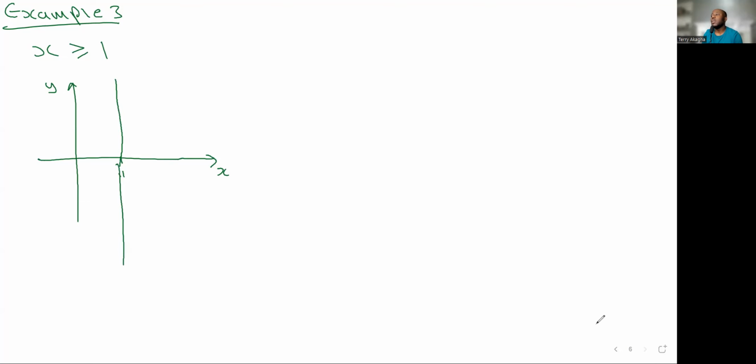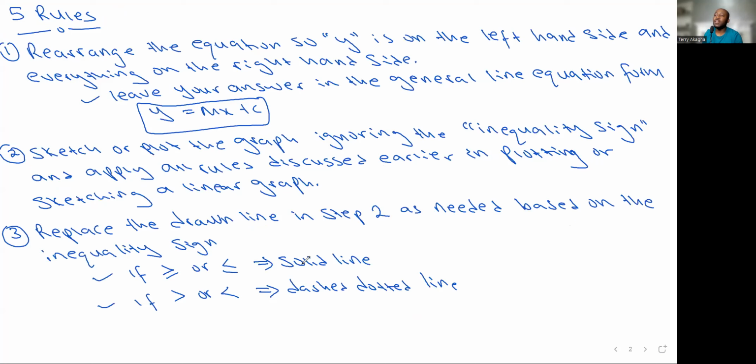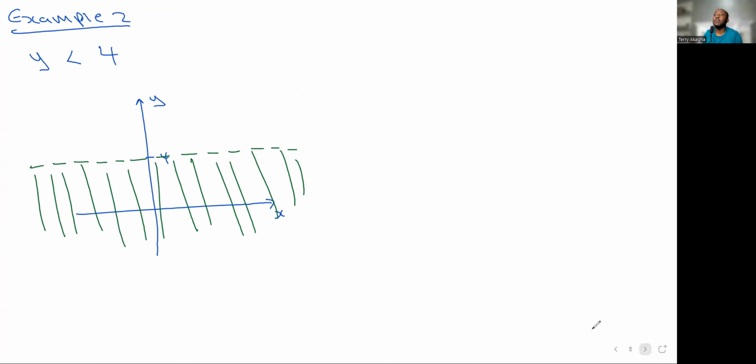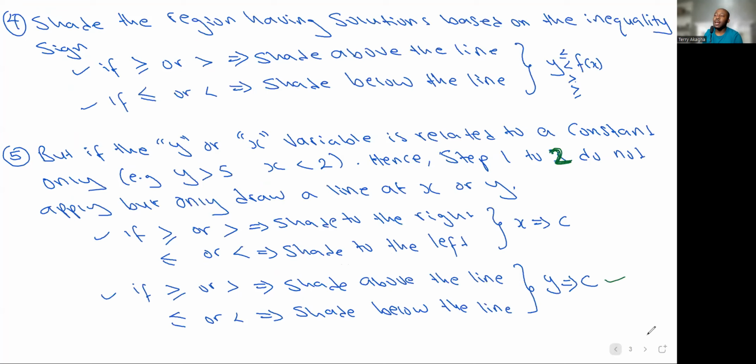Are you seeing it? Now, we're told as well that a solid line is for greater than or equal to, dashed for less than. So if you look at the question here, it's greater than or equal to, so it's fine. We have to use a solid line. Next part, we're told that for x, if it's greater than or equal to, you shade to the right.